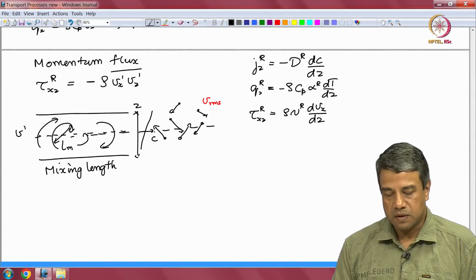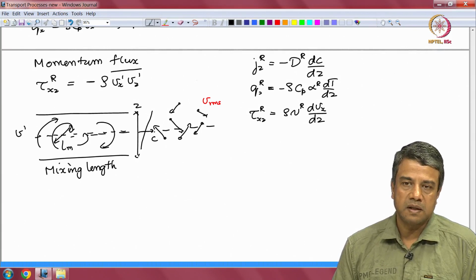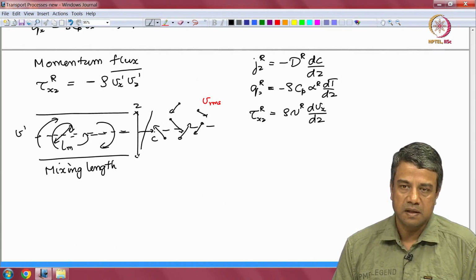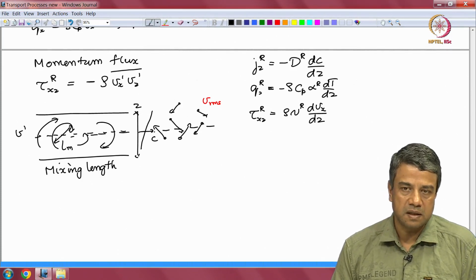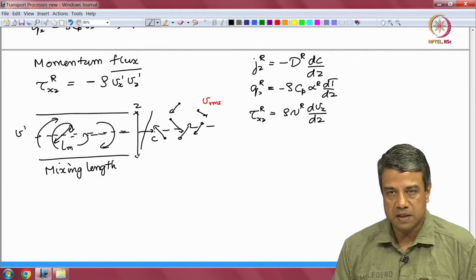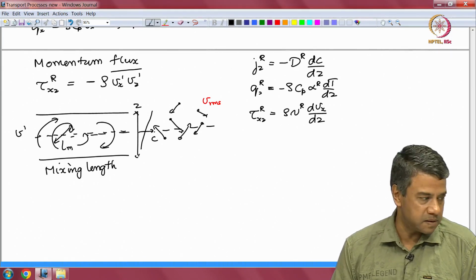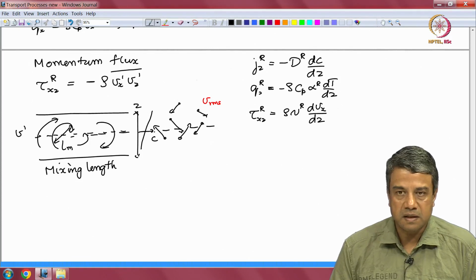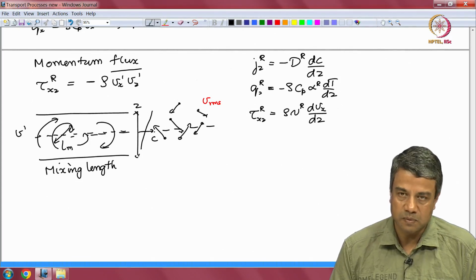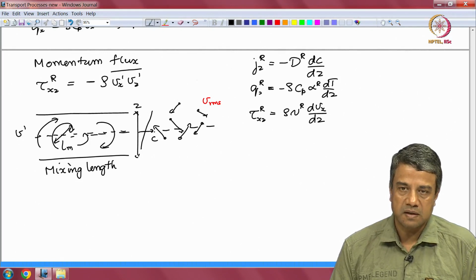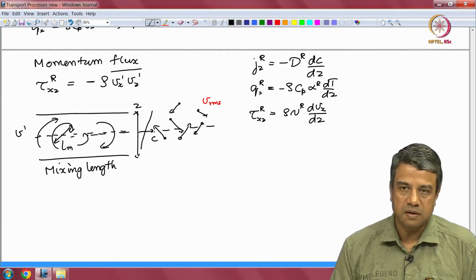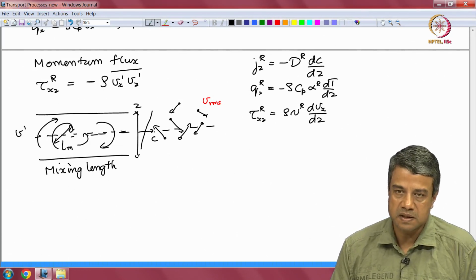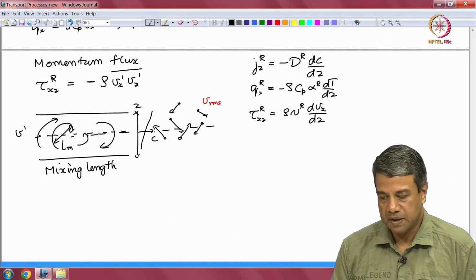So, a relation like this cannot be rigorously derived in a turbulent flow, because the length scale of the structures that cause transport are comparable to the system size, and therefore, you cannot do a Taylor series expansion. For that reason, these things have to be considered as models, not as exact constitutive relations that can be solved. So, those are the two differences in dispersion as compared to molecular diffusion.